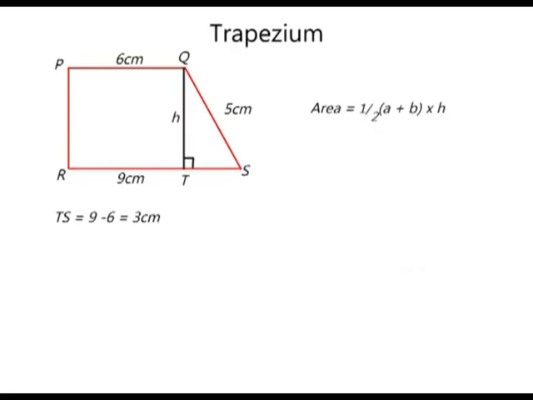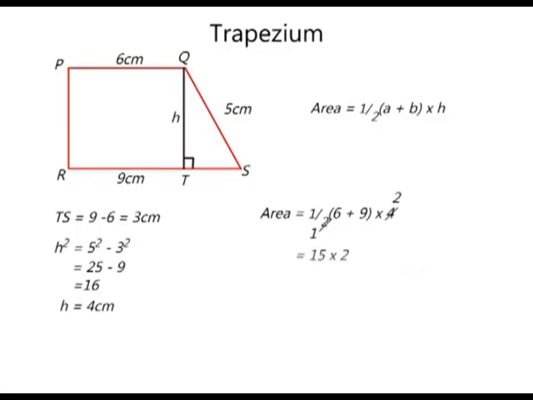Using Pythagoras' theorem, h squared is equal to 5 squared minus 3 squared. h squared is equal to 16 and h is equal to 4 centimeters. And so the area is given by a half into 6 plus 9 times 4, that is 15 times 2, which is 30, and so the area of this trapezium is 30 square centimeters.